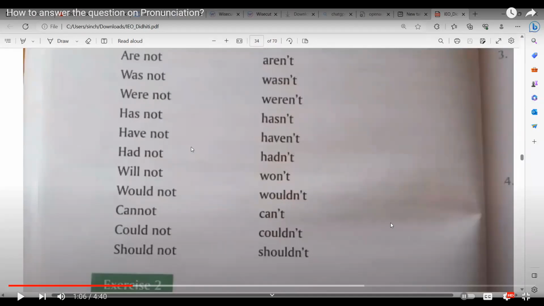Okay, Tuhin, can you give me an example with should not? Can you tell me with should not, Tuhin?